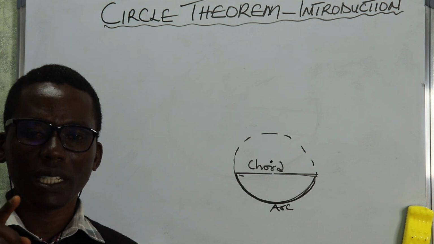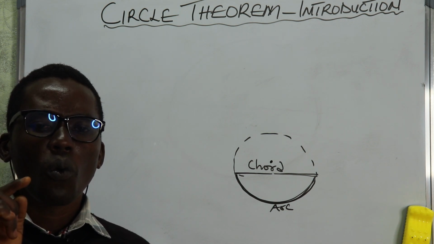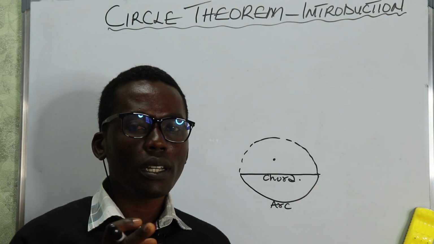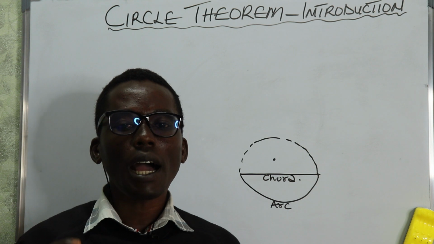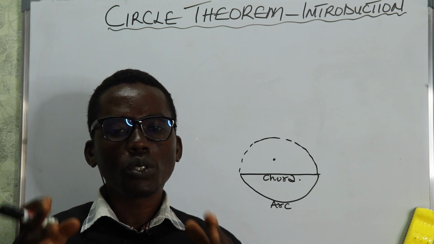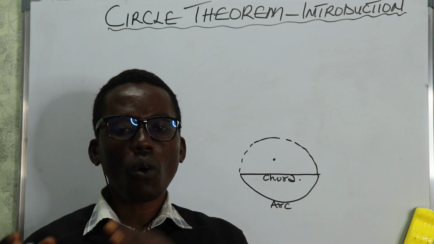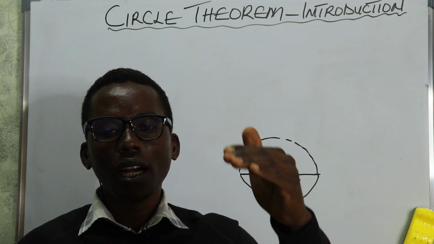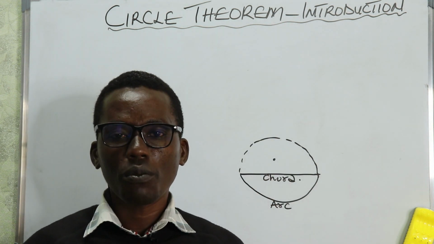Now, what do we mean by that? We call these angles the angle sustained by the chord or sustained by the arc, either at the center or at the circumference.